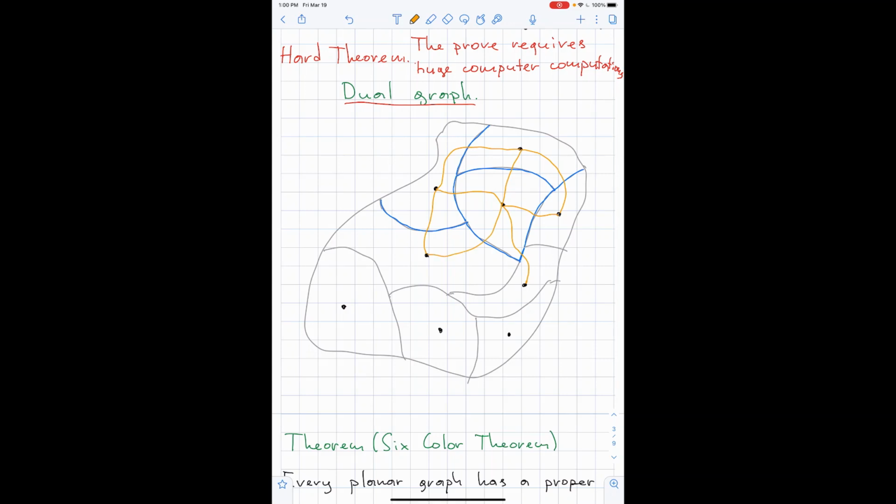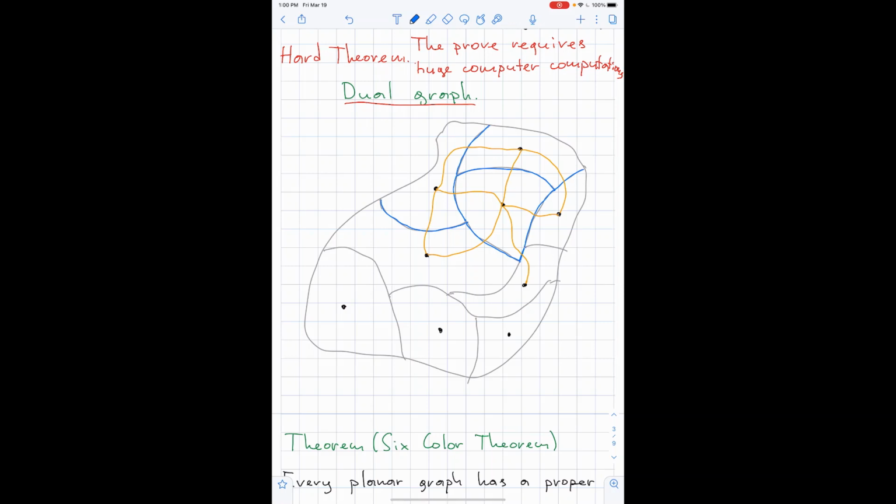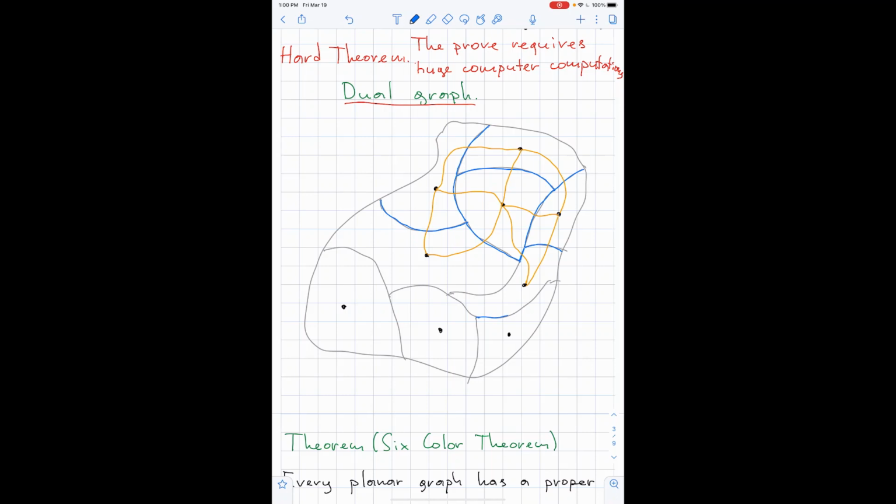Yes, that's this edge. Oh, I did forget one, right? So I do have a piece of the boundary here, so I have to draw the corresponding edge as well. And I continue. So say this one, and the edge, like that.